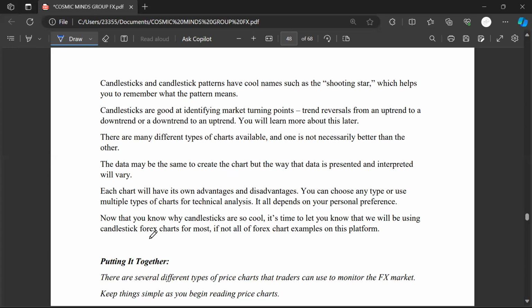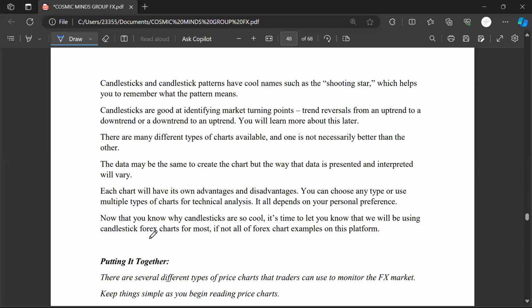Candlesticks are good at identifying market turning points. Trend reversal, you learn about them, from an uptrend to a downtrend or a downtrend to an uptrend. You will learn more about this later. Good. There are many different types of charts available. One is not necessarily better than the other, right? It's a matter of using which is easier and more convenient for you.